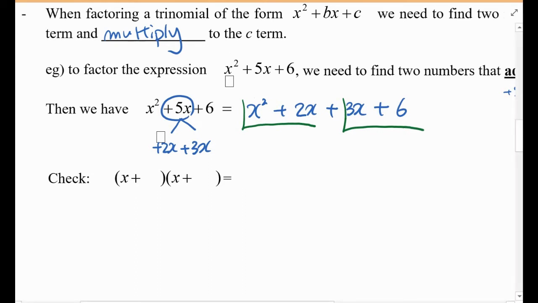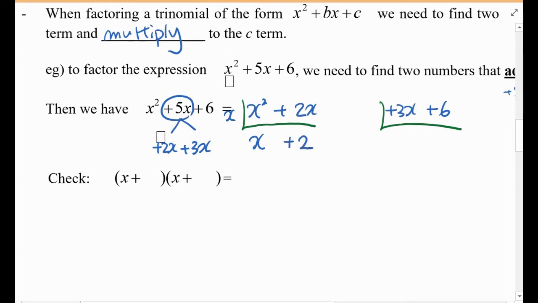Okay, so I'm just gonna rewrite this a little, put a little gap in between. Okay, x squared plus 2x. So what's the GCF here? We're going to factor out x, because the GCF of x squared and 2x is x. x squared becomes x, 2x becomes positive 2.